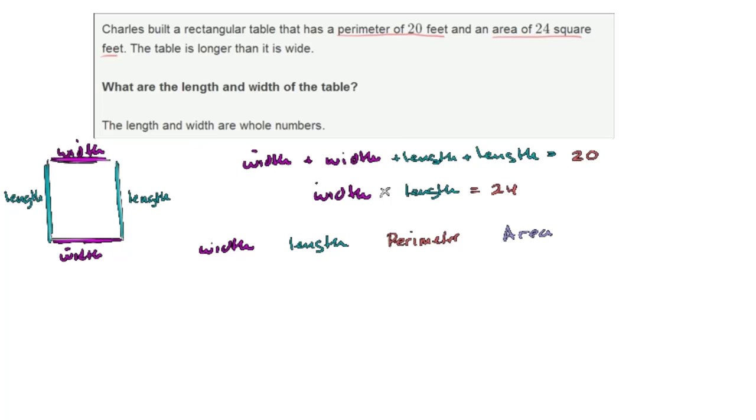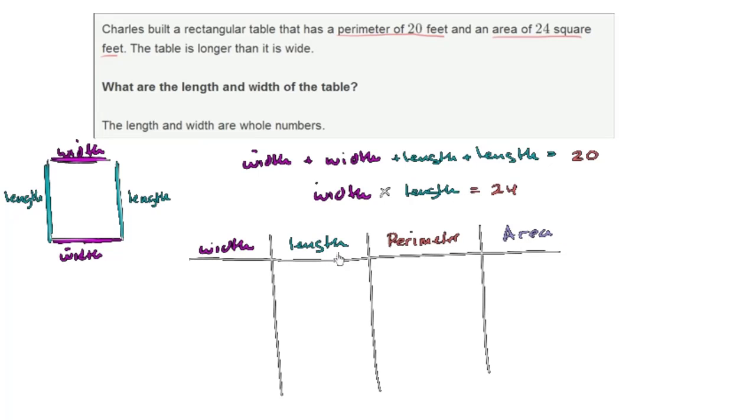Let me make a table here, and then I can try things out. What we can do is make sure that everything we try out has an area of 24 square feet. So let's just think about the factors of 24.